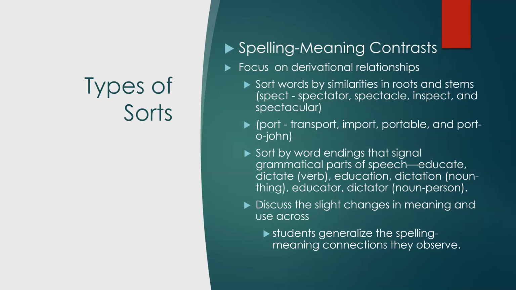So then having them sort that and then talking about how are they related. Sort by word endings that signal grammatical parts of speech. So educate and dictate is a verb, but education and dictation is a noun. And educator and dictator is a noun person. So you want to discuss these slight changes in meaning and use. And then the students can usually then generalize spelling.